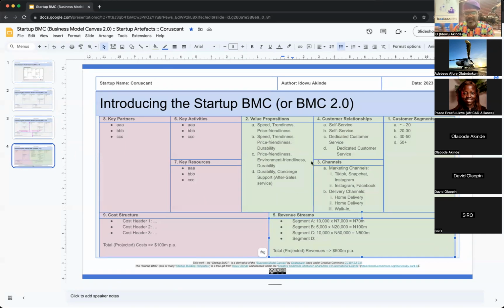So segment D, 50 plus, give me a number. 7,000. 7K. And an average sale price. 100,000. 100. So you would have there 7 and 100 is 700. Is that 7 billion? 700 million.